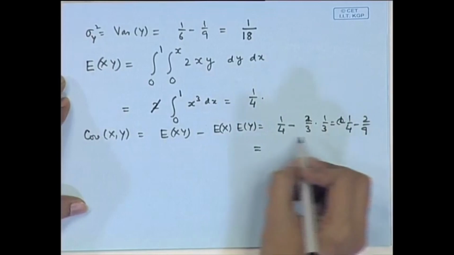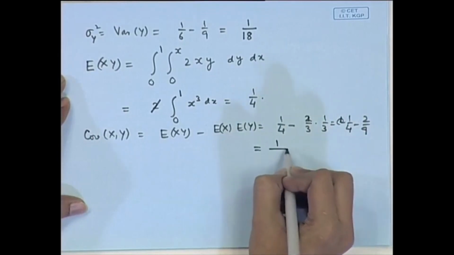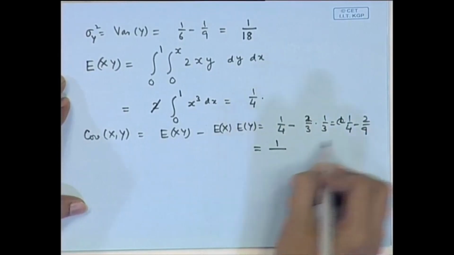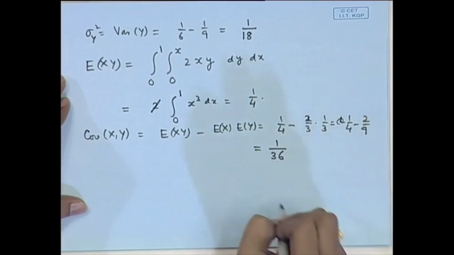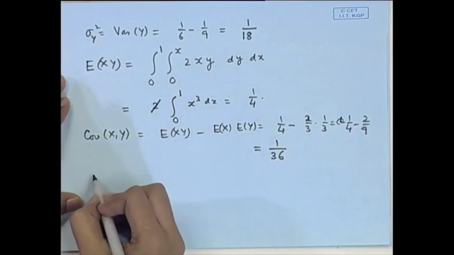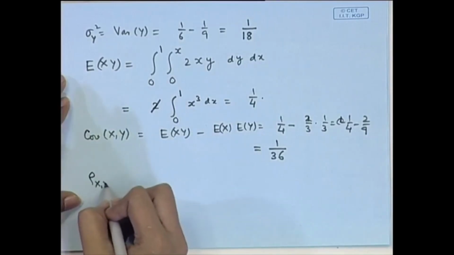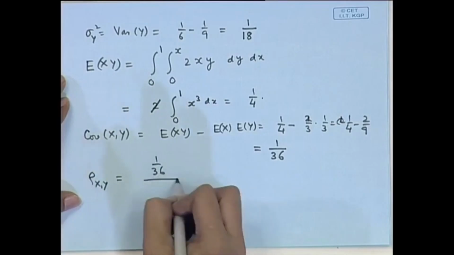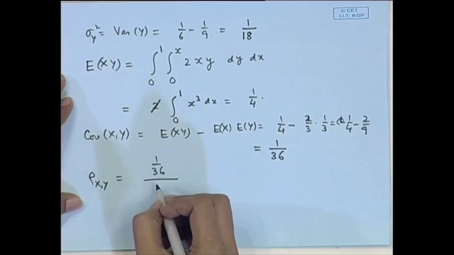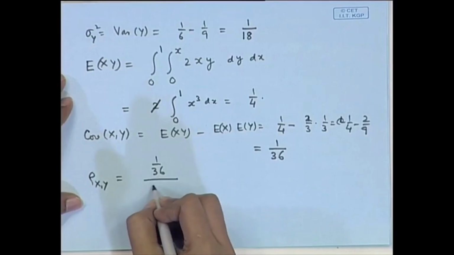So, once again it is equal to 1 by, so 9 minus 8 by 36. So, 1 by 36. So, the coefficient of correlation is equal to 1 by 36 divided by 1 by 18.